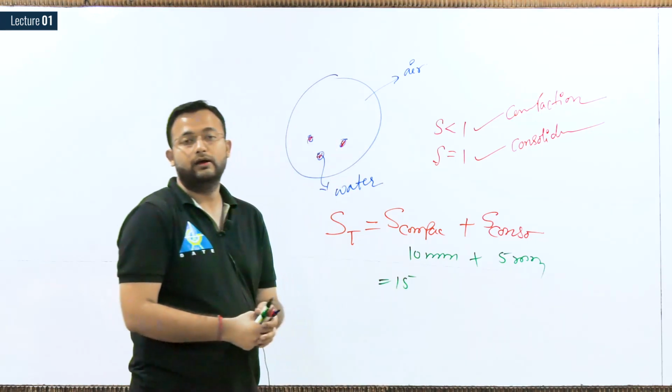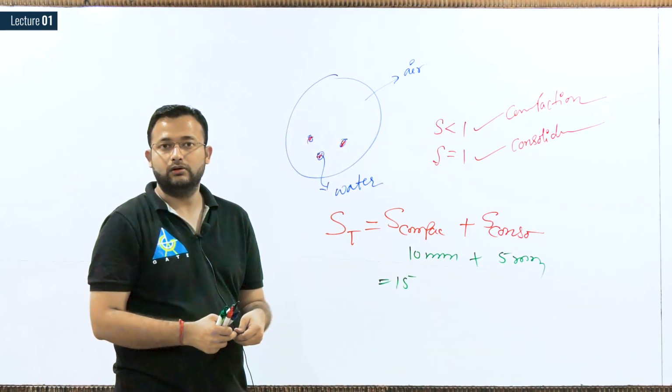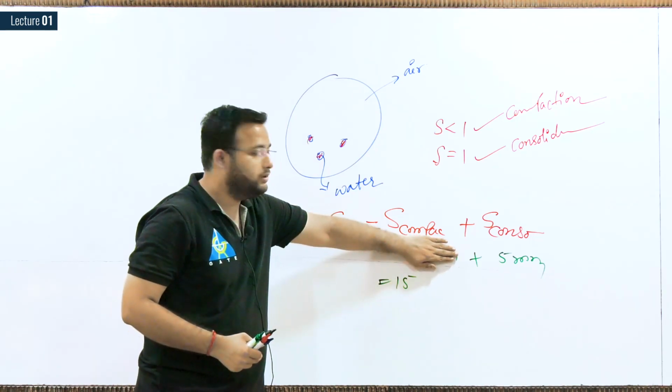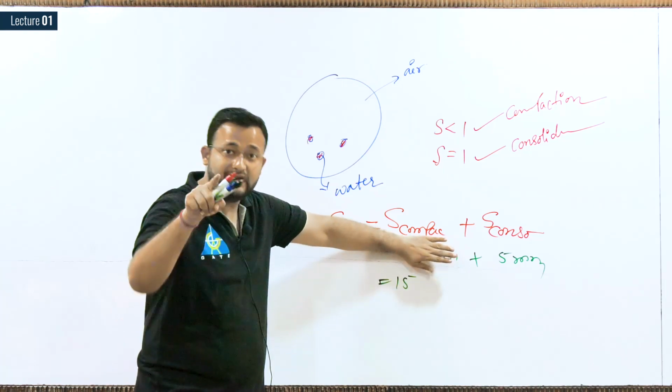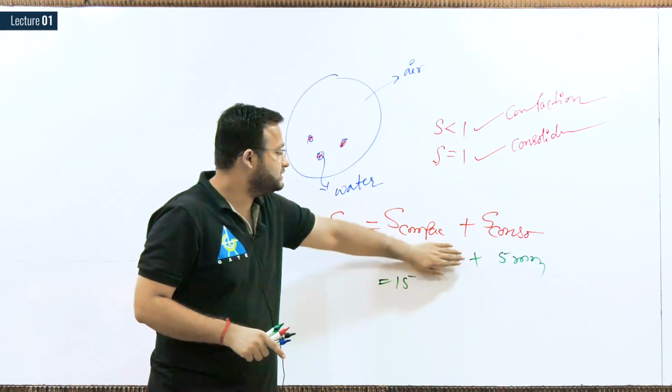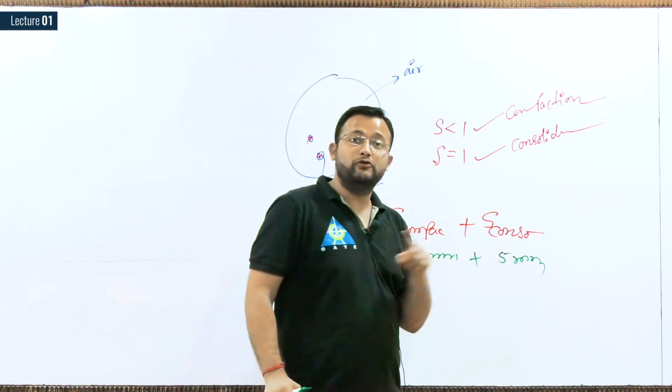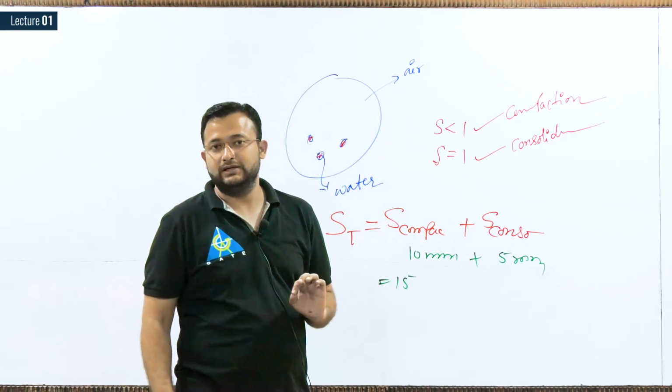So before the construction, if you compact your soil, then this 10 mm will not occur. Your footing will not be subjected to this 10 mm. Your footing will be subjected to only 5 mm if you perform the compaction before the construction.